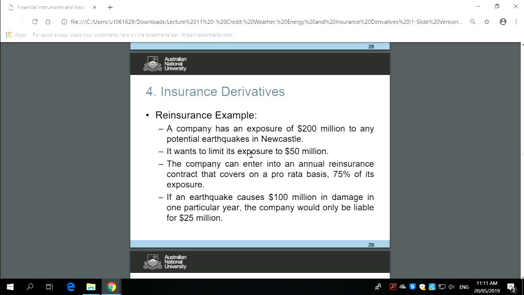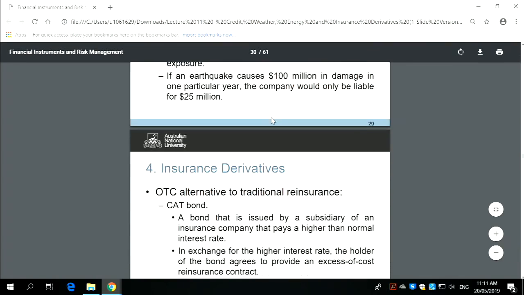In other words, the company would sell 75% of its insurance policies to another reinsurance company. Now, if the earthquake indeed happened and caused damage claims of about 100 million, then the reinsurance company would pay 75% to the insurance policy holder. So that's traditionally how reinsurance works.